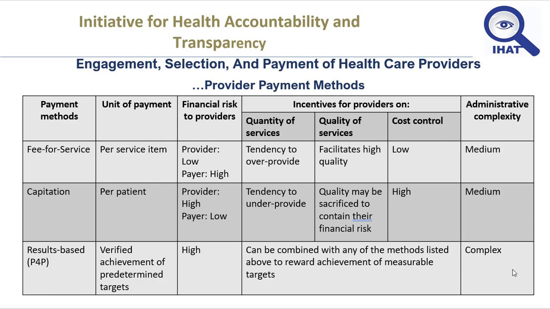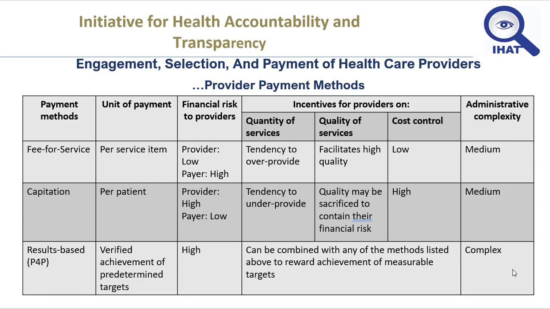Quality of the services may also be sacrificed to contain their financial risk. The cost control is very high, and the administrative complexity is also medium. We have a third payment method, which is the results-based payment.